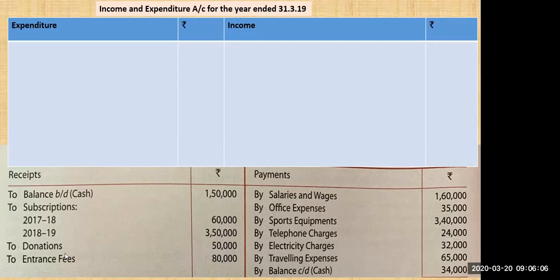First we'll take all the receipt side and all the payment sides. So first, by subscription 2018-19 350 is given. We will take only 3,50,000. Why have we taken only this? Because it is not given in combined form. If it had been given in combined form, then you would have to deduct 60,000 from 350. Is it clear to everyone?